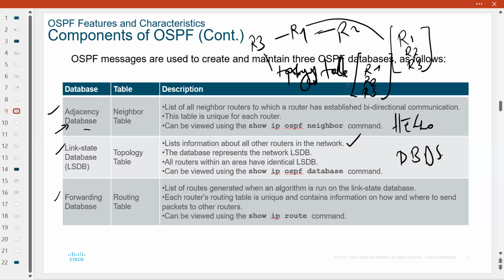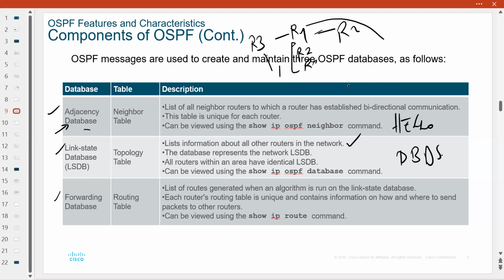Per adjacency, R1 will only know R2 and R3 as its adjacency. Then R3 knows R1 only, which is different. R2 knows R1 only. So these two are different already.